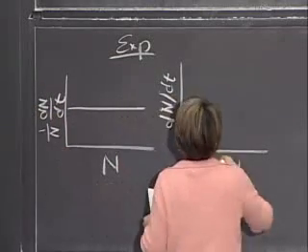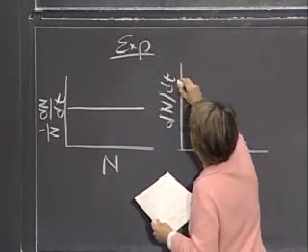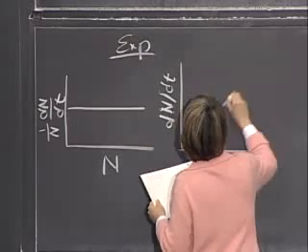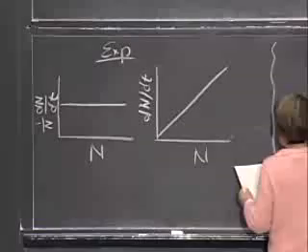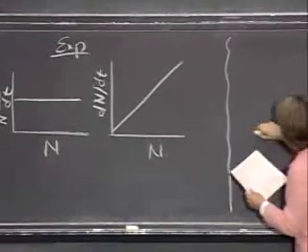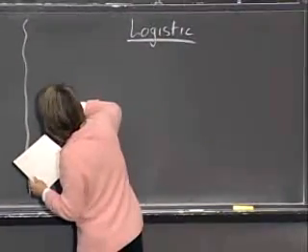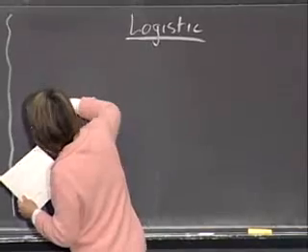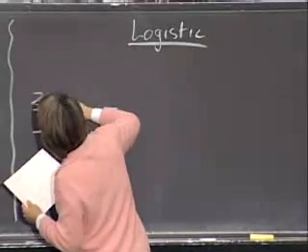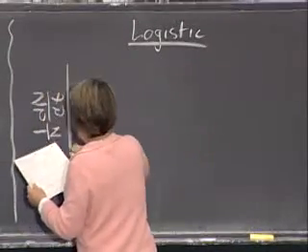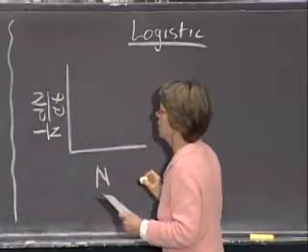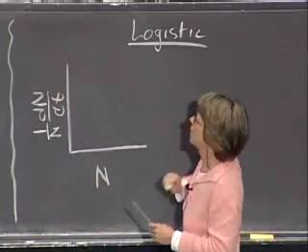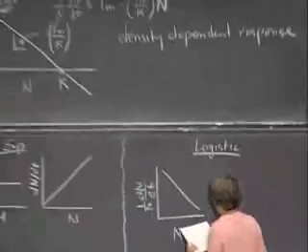It's a constant. But the actual change in numbers as a function of time is a straight line. Whereas for the logistic, 1 over n dn dt as a function of n, what does this look like? We just did it, so we're summarizing here.